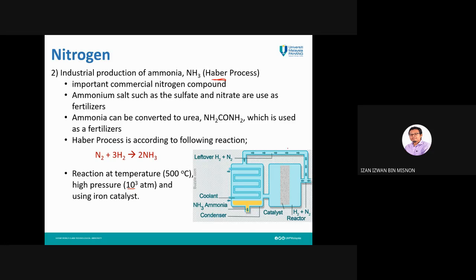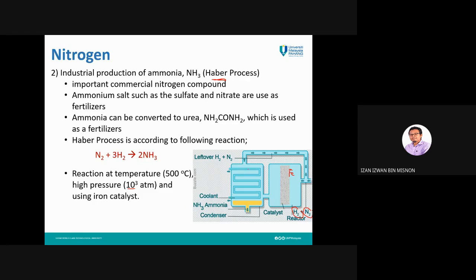So this is the loop of the Haber process in which nitrogen gas and hydrogen gas flow into a catalyst. This will be the iron catalyst. The reaction will take place at high temperature and high pressure, in gas state. The ammonia is also in vaporized condition, and it will go through a chamber that has a coolant.